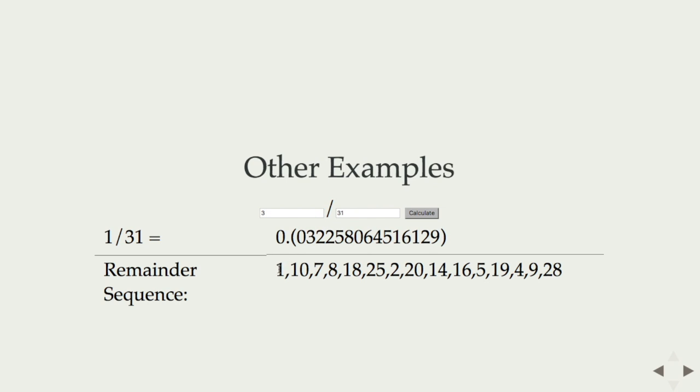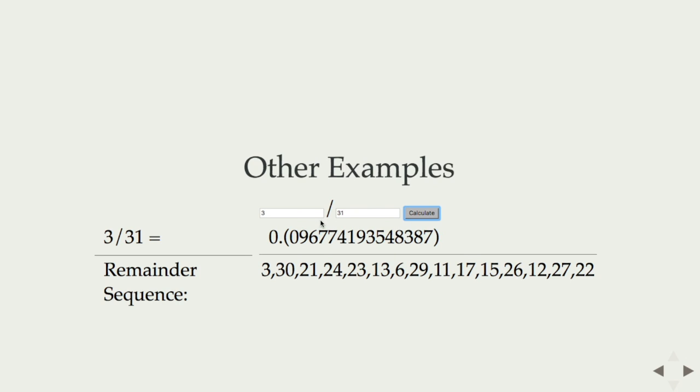Notice here I have 1, I have 2, but I don't have 3, I don't have 4, I have 5. So if you do 3 over 31, the repeating sequence is also 15 long, and you don't see 1, 2 here, but you do see 3 here. So that's interesting.